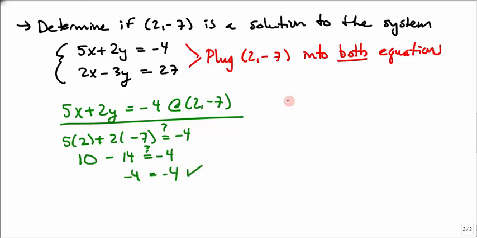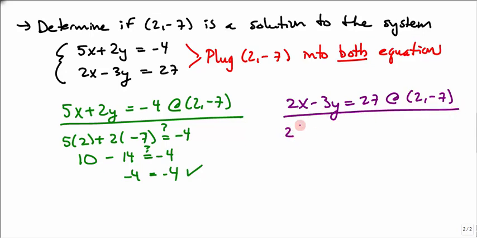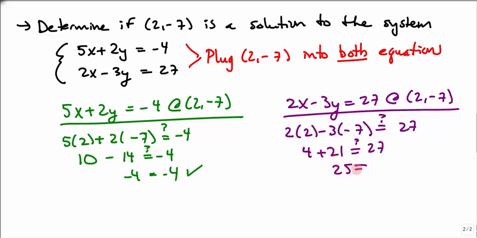So now let's check 2x - 3y = 27. So x is 2, y is -7, and I want to know, does this equal 27? Negative 3 times a negative 7 is a positive 21. 21 plus 4 is 25. 25 does not equal 27.